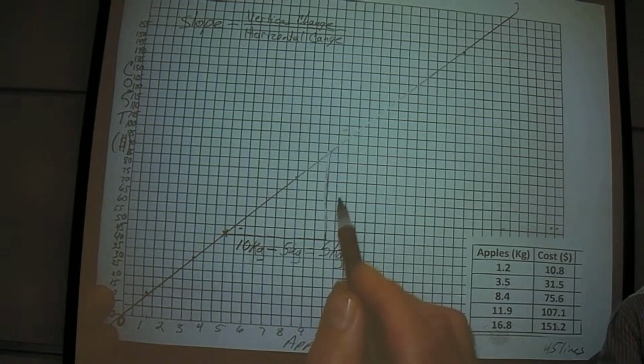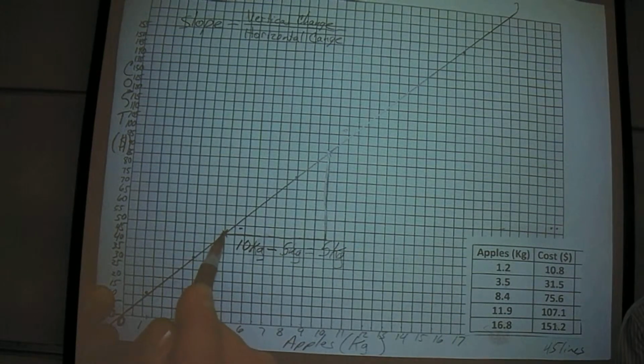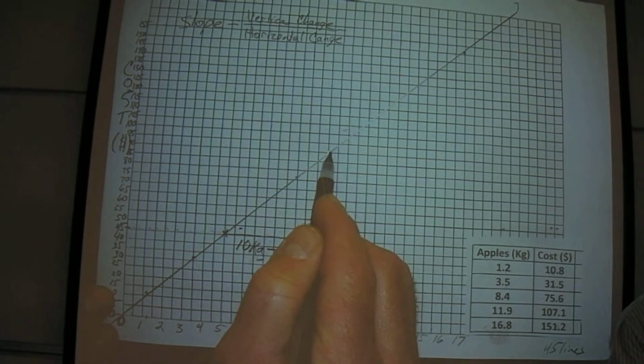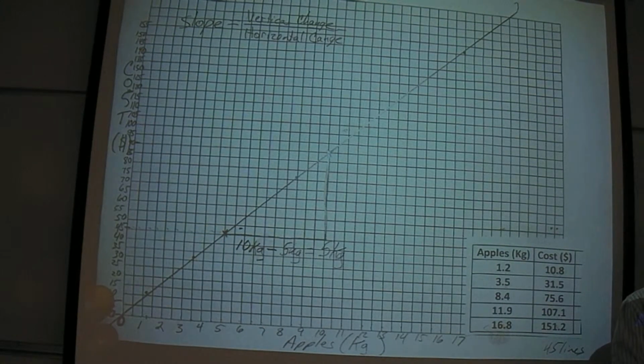We're going to follow a similar process for the vertical change. I'm going to look at my first point and follow that over to the number value on that side of the graph. And I have somewhere around 45. And I'm going to do the same thing over here, and it appears as though I'm somewhere around 90.